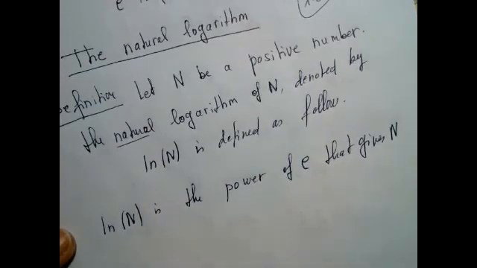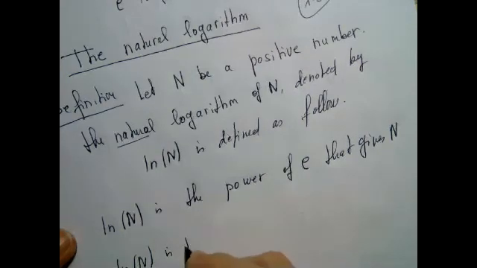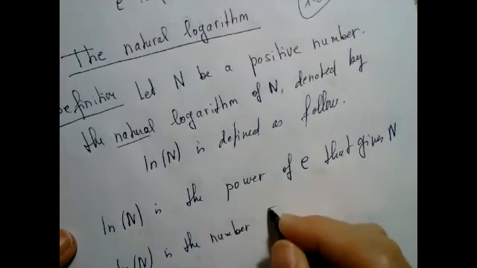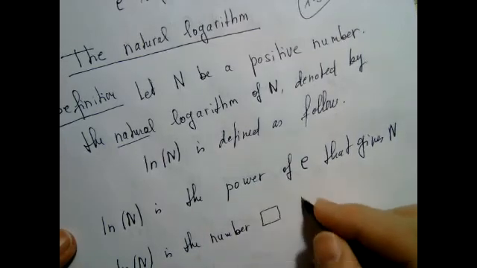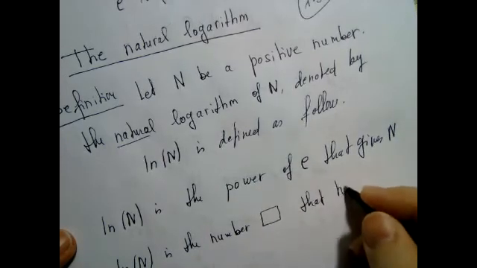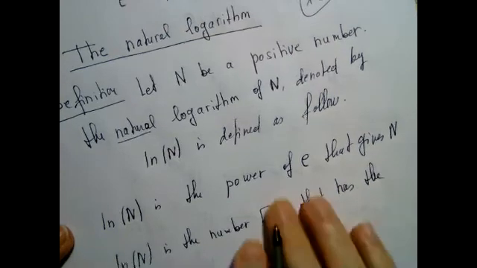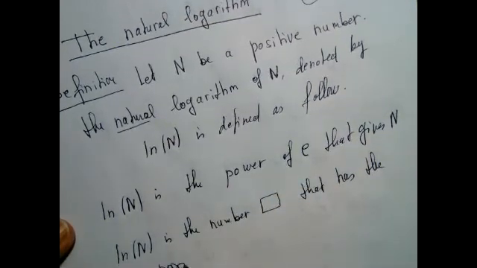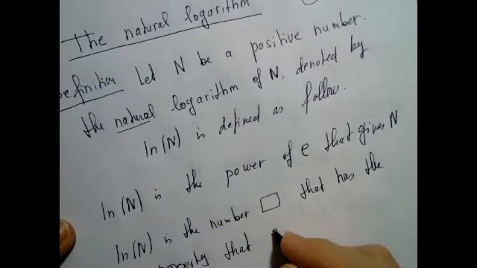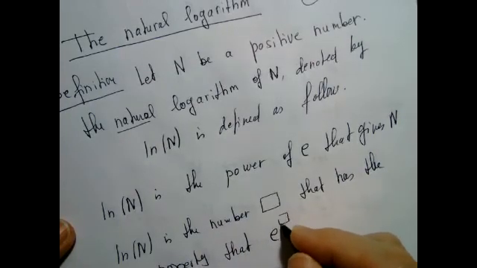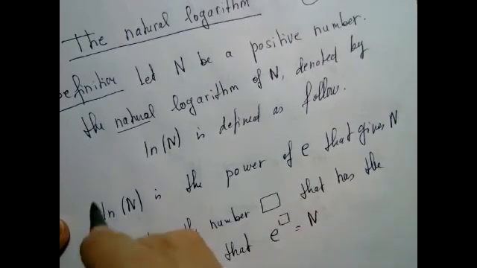In other words, ln of n is the number, that we call a box, that has the property that if you take e to this number, I get n back.